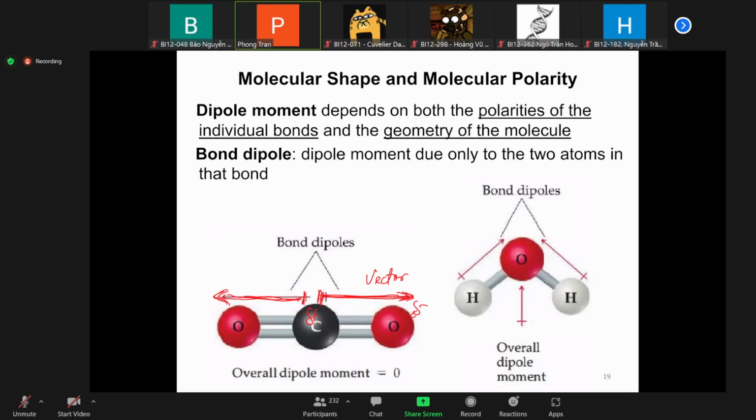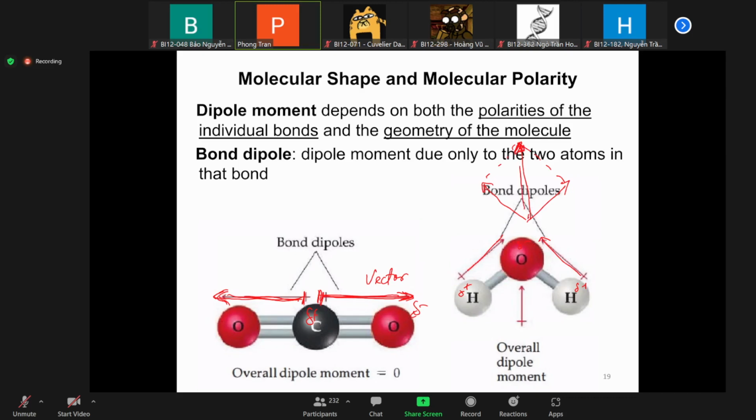If you do the same thing for the molecule of water, you have positive, negative, positive. You have the first vector, and then the second vector, and you do the combination of vectors. You have this final vector result, which is the dipole moment of the whole molecule.